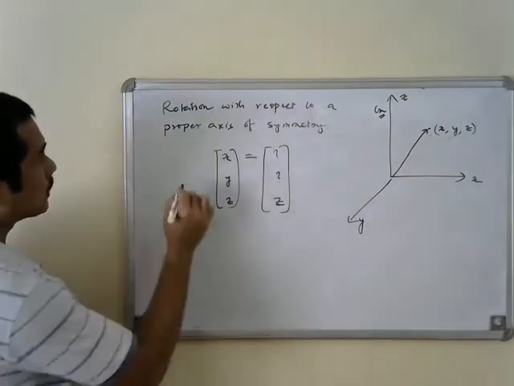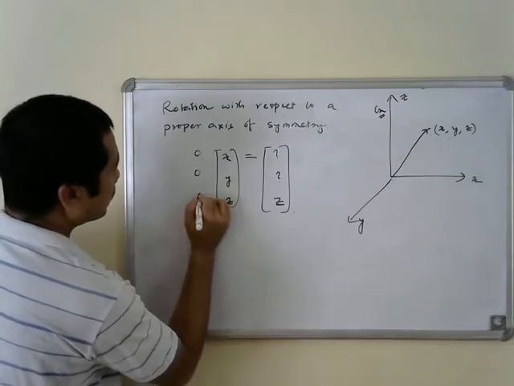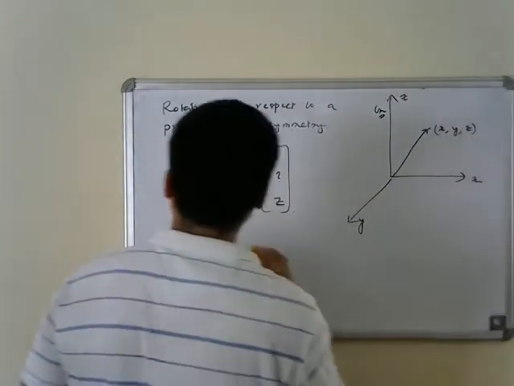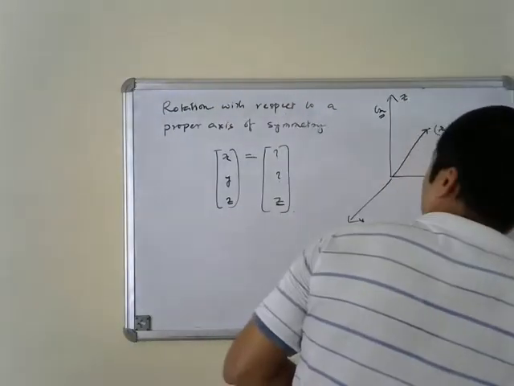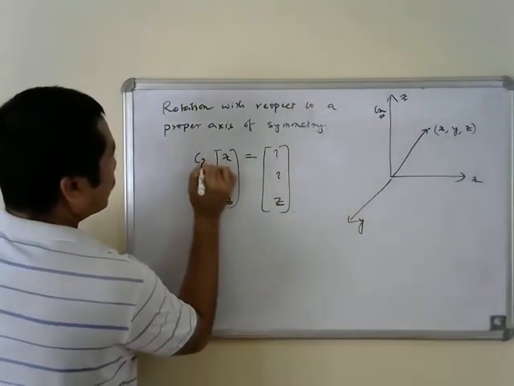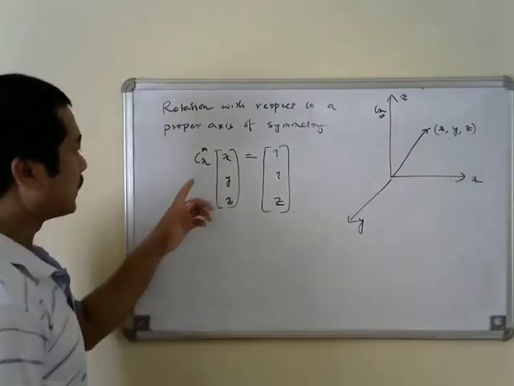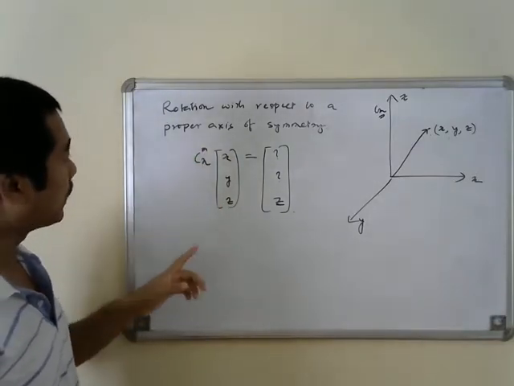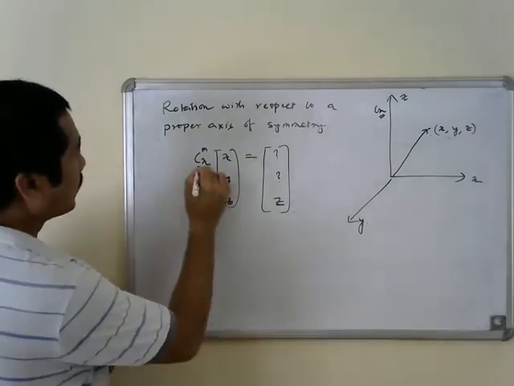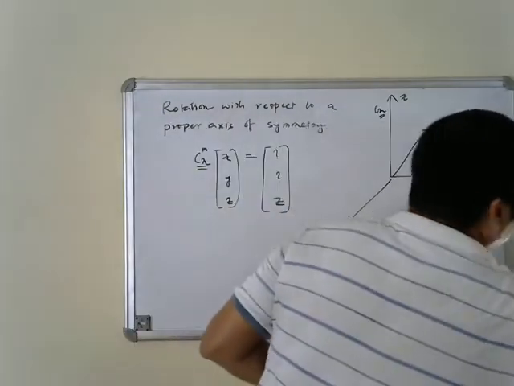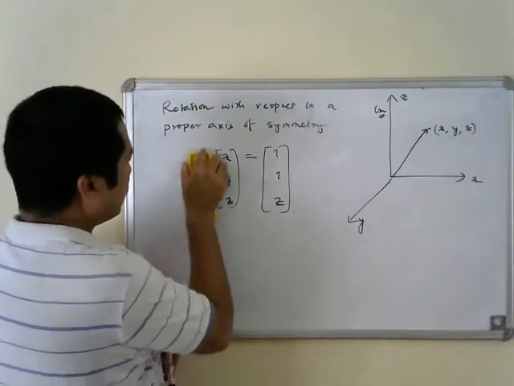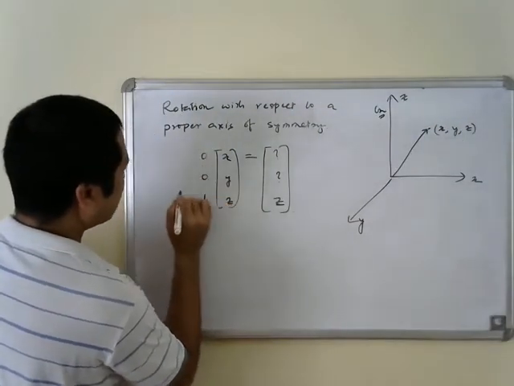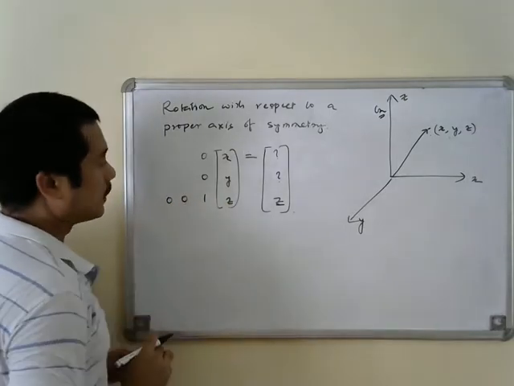So the matrix that represents a rotation with respect to a proper axis of symmetry, that is Cn, say, we can write as a three-dimensional matrix.